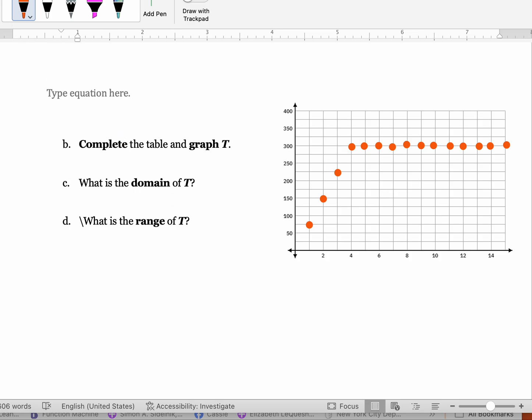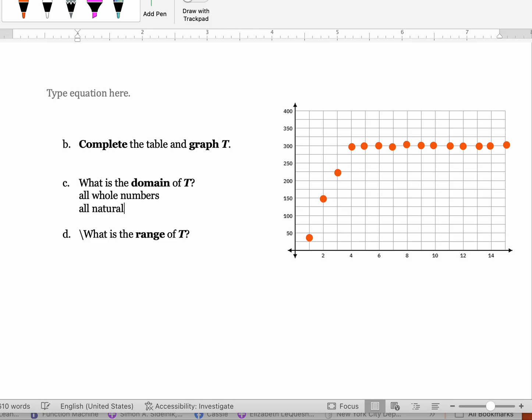And so what is the domain? Well, the domain is going to be all whole numbers, or you could have put all natural numbers.